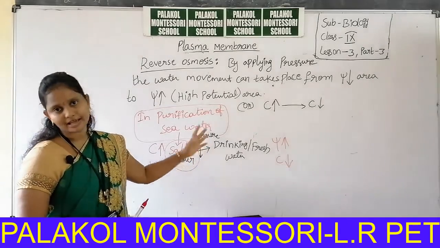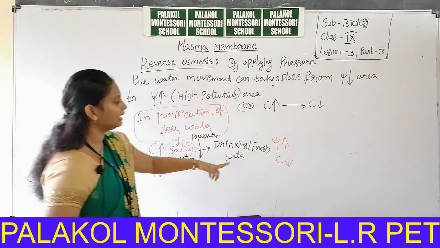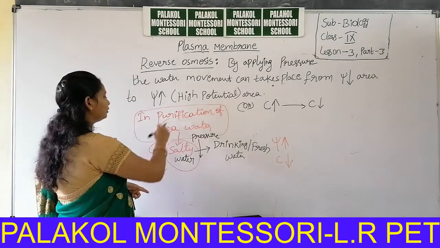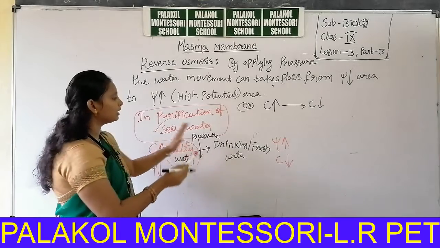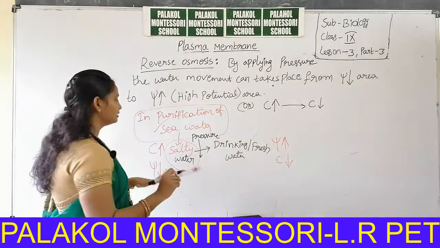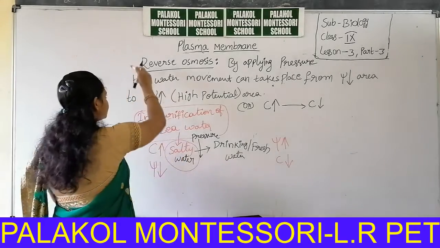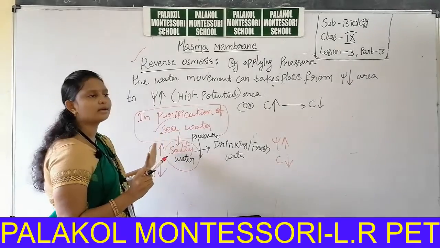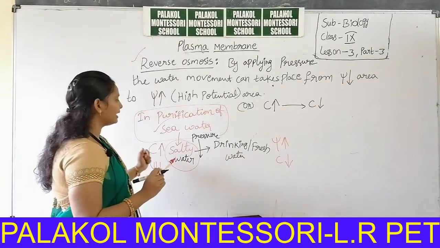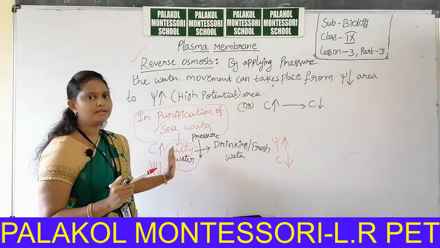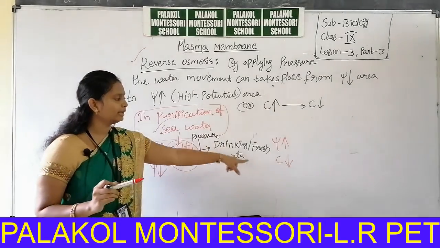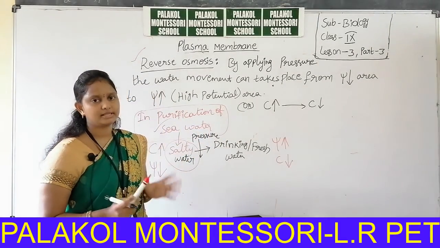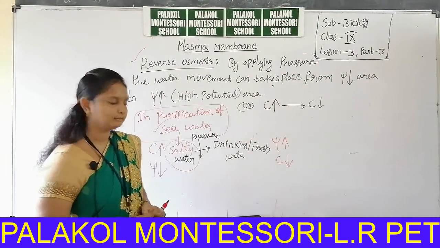Fresh water always has high potential, but naturally water moves from this area to this area. But in case of seawater purification, to make the salt water into drinking water, we follow the reverse osmosis mechanism by applying a great pressure to remove the salt present in the water. We can move the water from high concentrated area to the low concentrated area. This is called reverse osmosis. Okay, got my point, students?